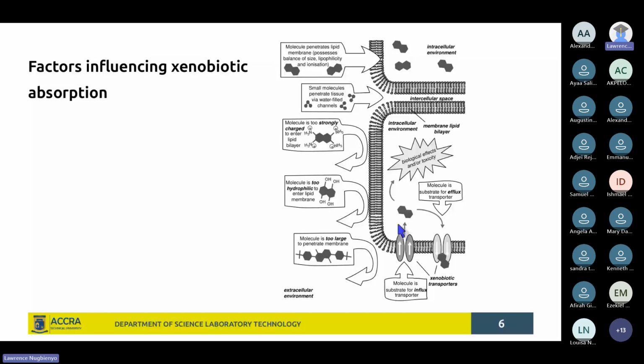You also have some membrane proteins, which are purposely for transport of substances. So you have molecules that serve as substrates to these membrane proteins, so that these transmembrane proteins allow some substances to pass through them and some substances not to pass through them.